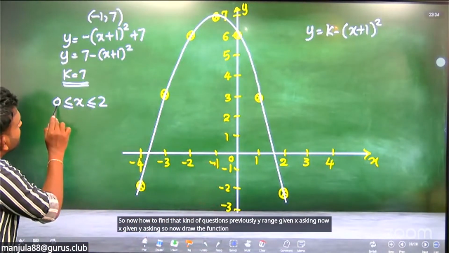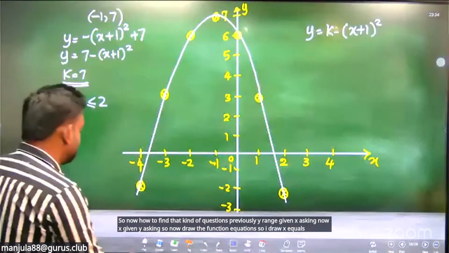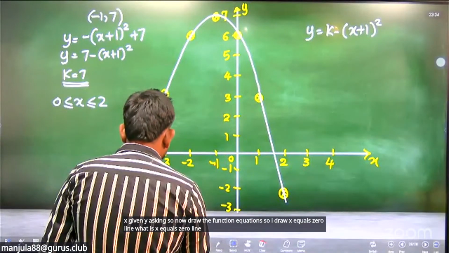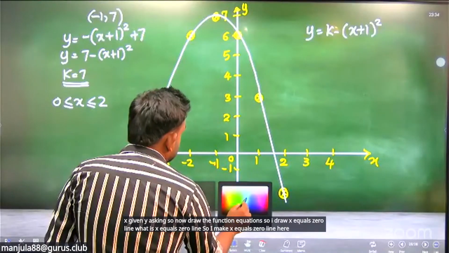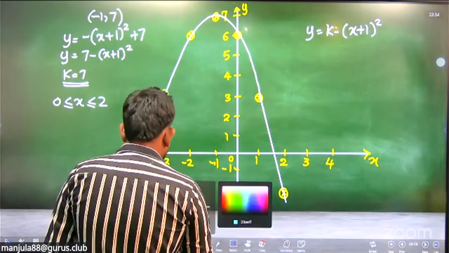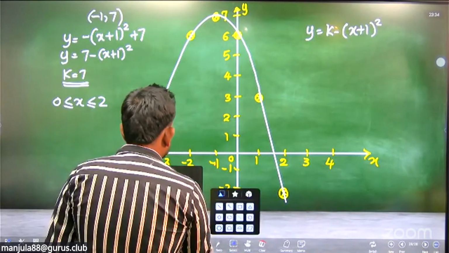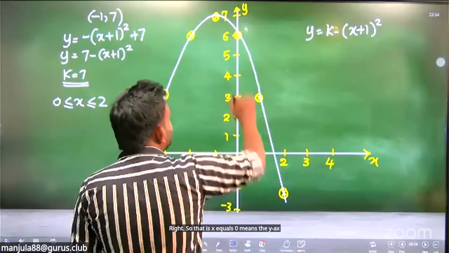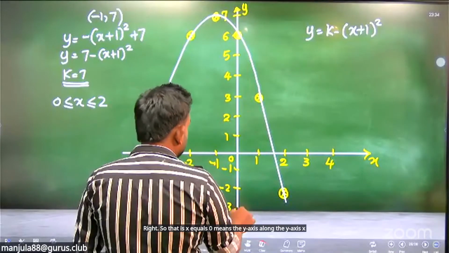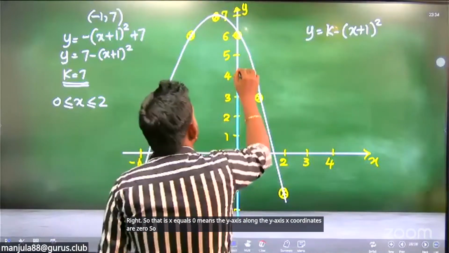So I draw x equals 0 line. What is x equals 0 line? That is the y-axis. Along the y-axis, x coordinates are 0. So this is the x equals 0 line.